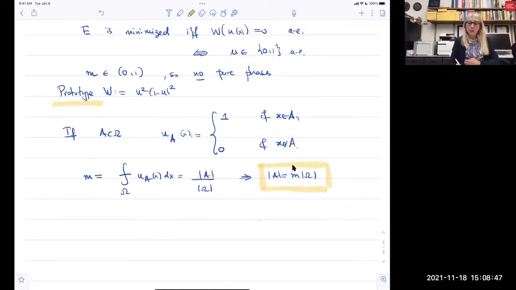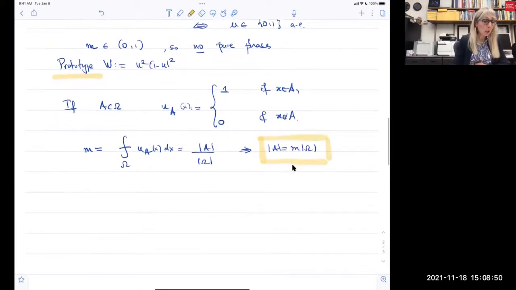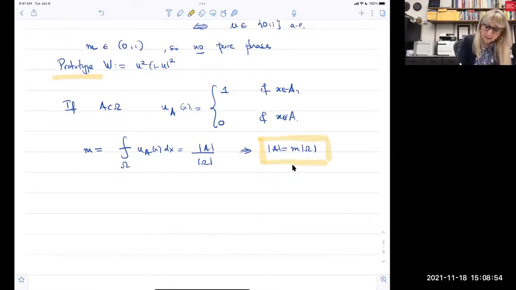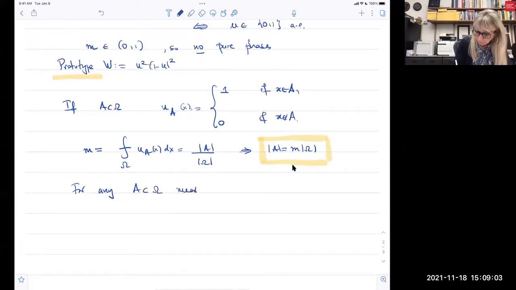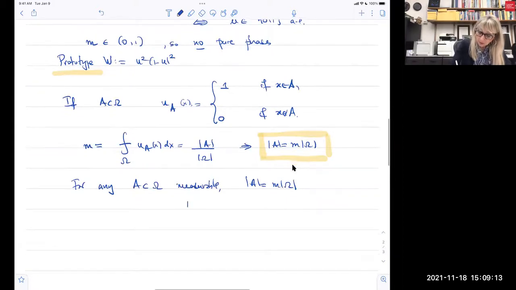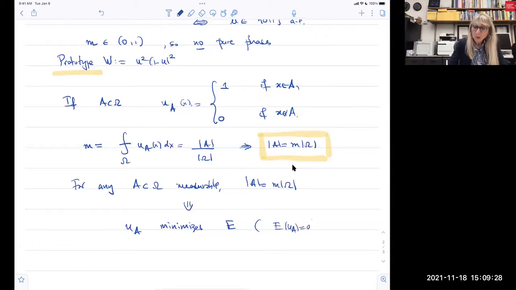So the bottom line is that for any measurable A with the measure of A given by M times the measure of omega, so that it's admissible, you'll see that u sub A minimizes the energy because it's just 0. You cannot go below 0. It's the best you can possibly do, right? So bottom line, you have a lot of non-uniqueness in this problem.